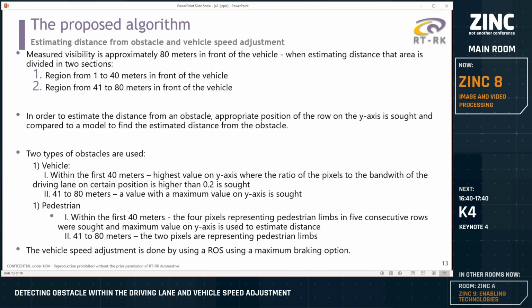When we have a pedestrian, after Canny edge detection, it will be smaller, so we try to find a few rows that contain 4 pixels that represent pedestrian limbs. When it is further from us, from 40 to 80 meters, we find 2 pixels that represent limbs. When we estimate the distance, we then use ROS to apply the maximum braking option, which was only available in the simulator.